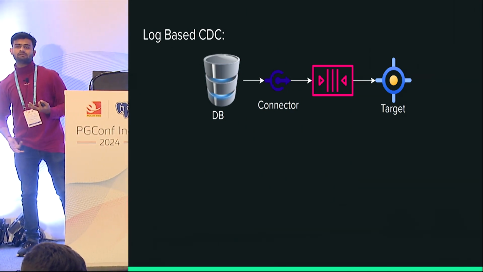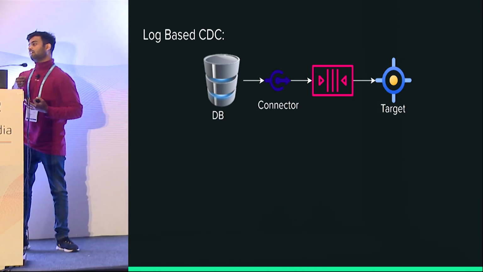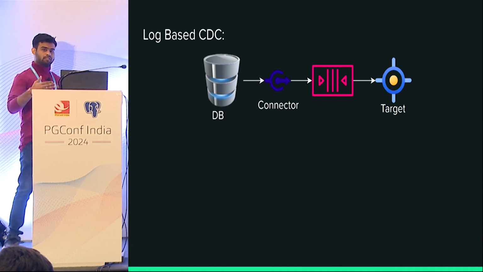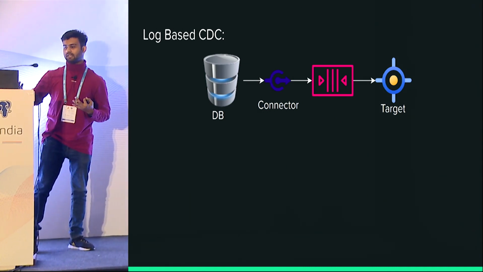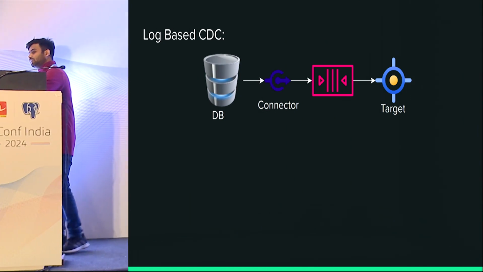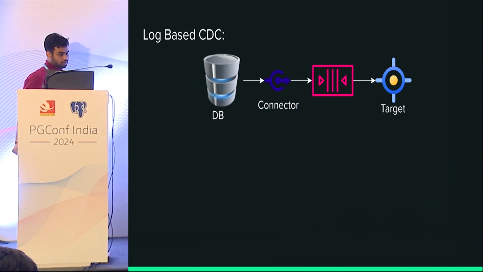What do queuing mechanisms do? We have different tables, we have different logs coming in. Now we have to distribute data accordingly. So we'll have a queue which partitions this data. These connectors are connected to the queue, which partitions the data into the different parts of the queues, and the queue data will be sent to the target.